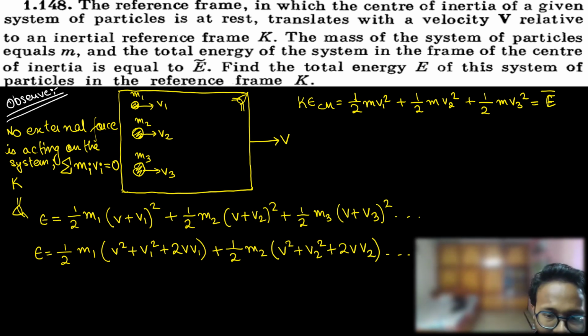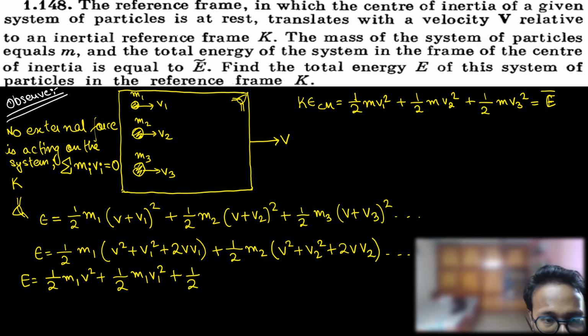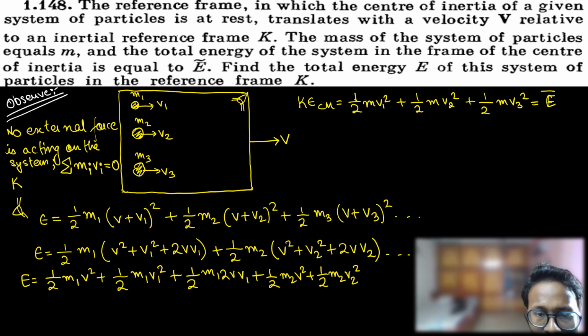So if I do that, E is equal to half m1 v square plus half m1 v1 square plus half into m1 into 2vv1, similarly plus half m2 v square plus half m2 v2 square, plus half m2 into 2vv2. So can you see the pattern here? This will keep repeating.